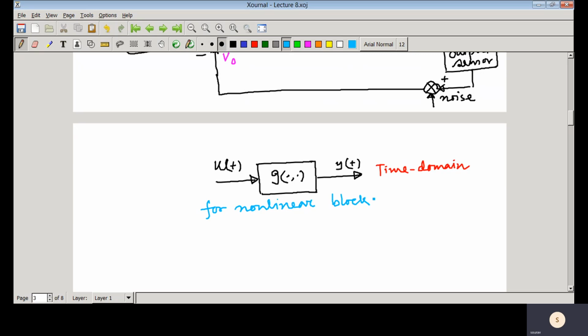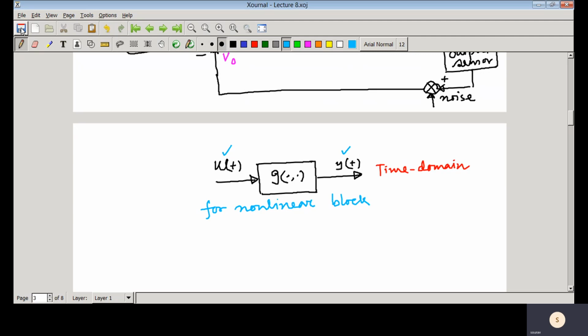That means if you want to represent a nonlinear element involved in a closed loop control system by block diagram, you should go with the time domain representation. The reason is the transfer function concept is not applicable to nonlinear systems.